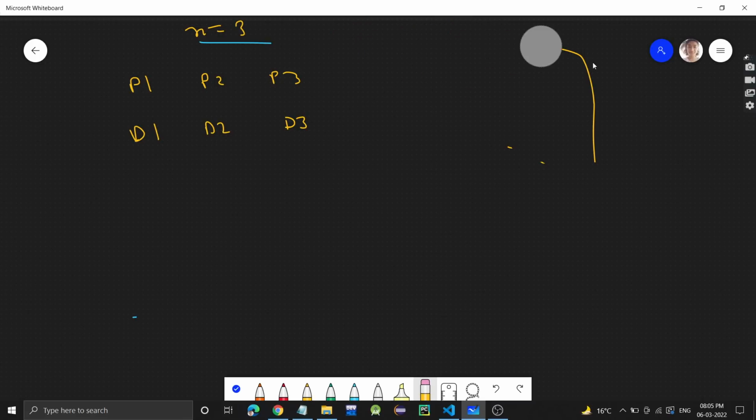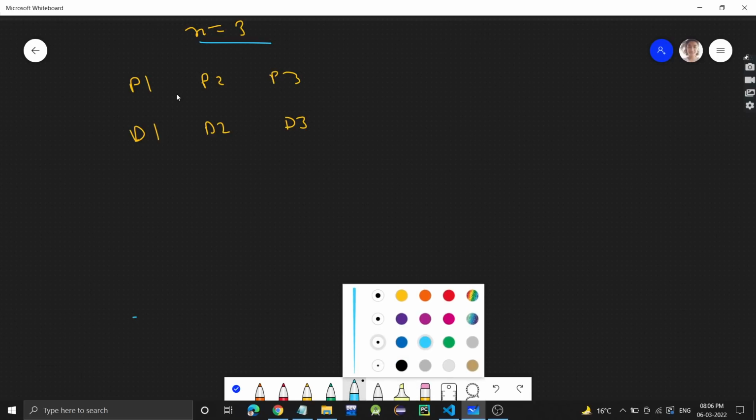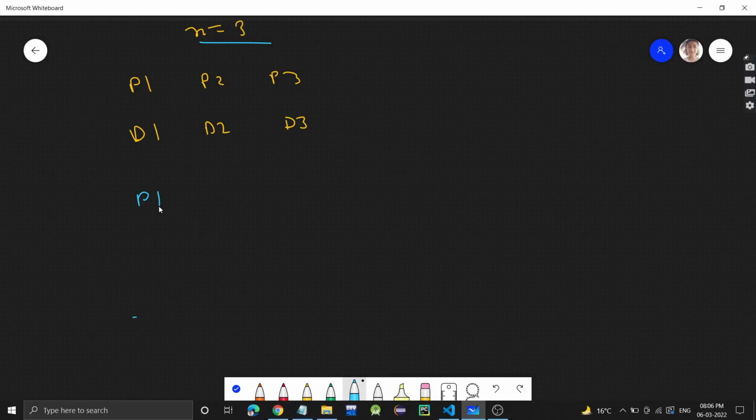Now let's say we have pickup, and we have to pick up items p1, p2 and p3. This pickup could be done in any order. It's not necessary that the first item will be picked up and then the second and then the third.